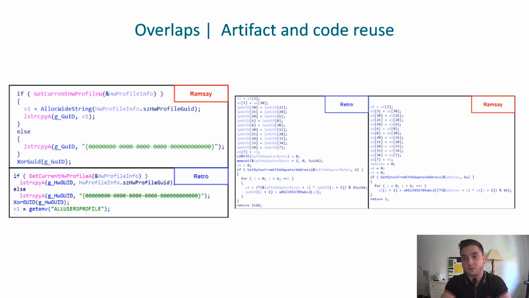This specific overlap does not only imply that Ramsay and Retro use a custom algorithm, which is interesting, but also, having a bit more context of this overlap, it implies that Retro and Ramsay use the same scheme in order to profile victims, which, in my opinion, is a much deeper connection.